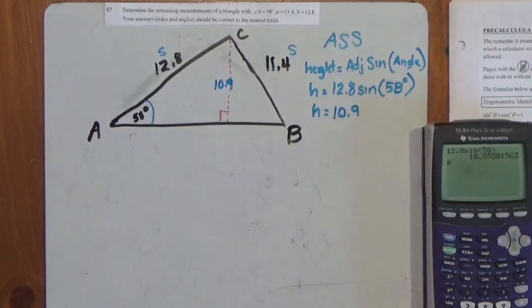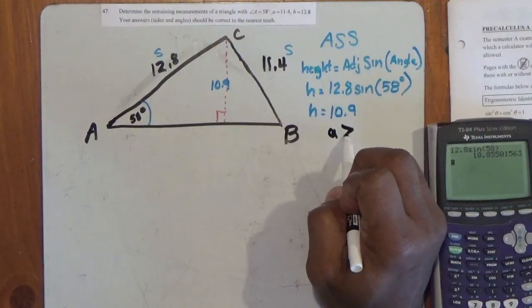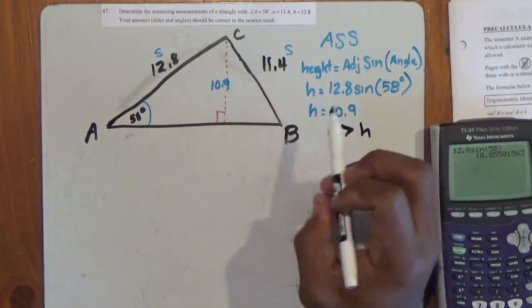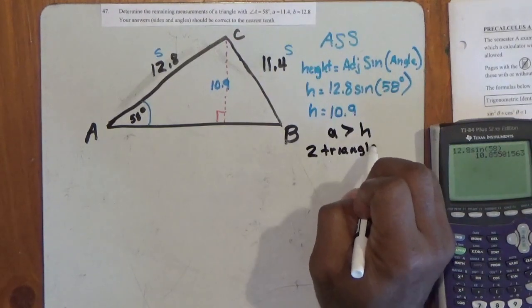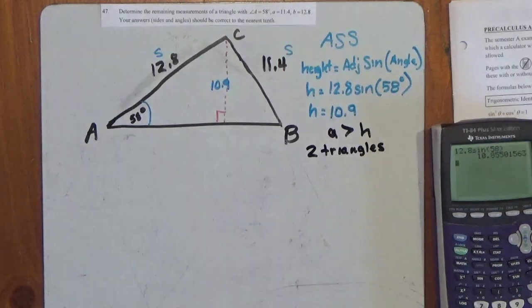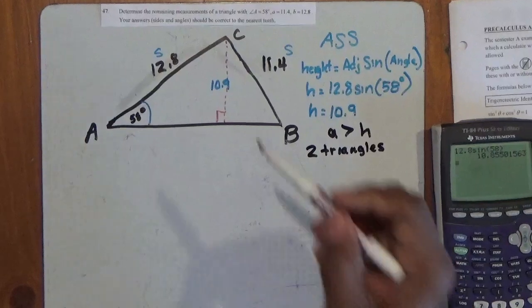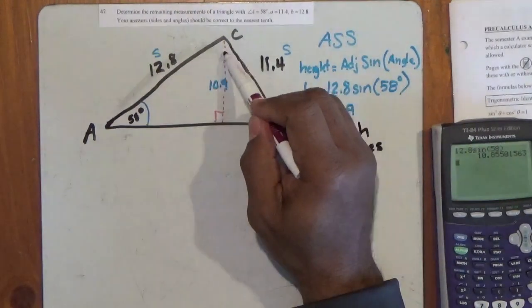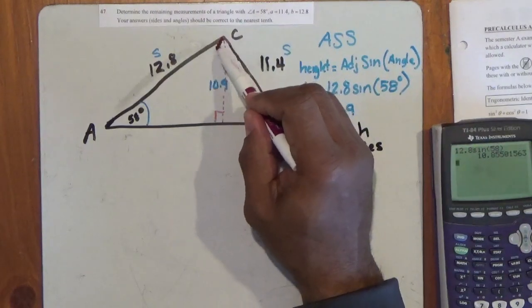Now, anytime that A is greater than the height, we have two triangles. So we have this big triangle we see, and we also have the triangle where this angle and this angle are the same.